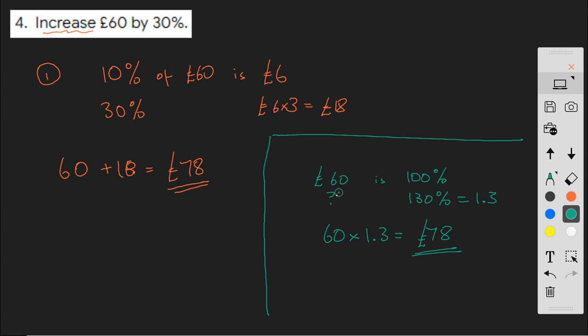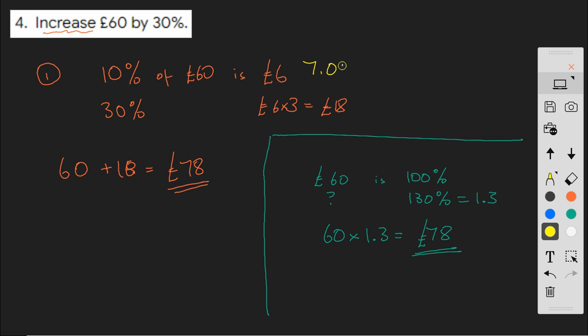And this method here in green is a little bit more mathematical because it's doing everything in one step, whereas we needed 2 steps to do it over here. But either method is fine, and whichever one you're comfortable with. There are quite a few elements to this though.